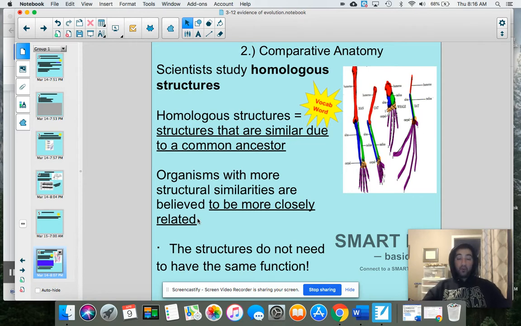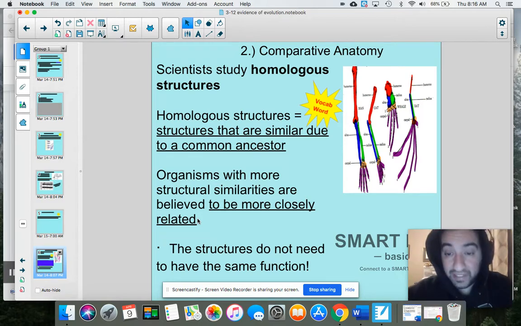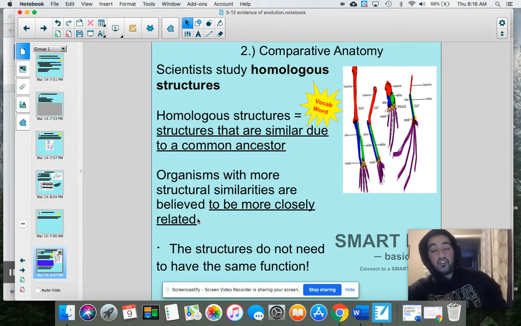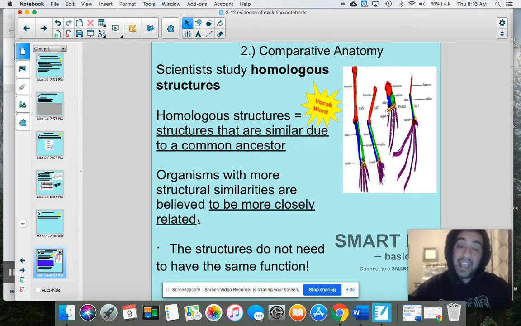Organisms with more structural similarities are said to be more closely related. The structures do not need to have the same function, but if they look the same, more or less, it's said that these structures are closely related or came from a common ancestor.